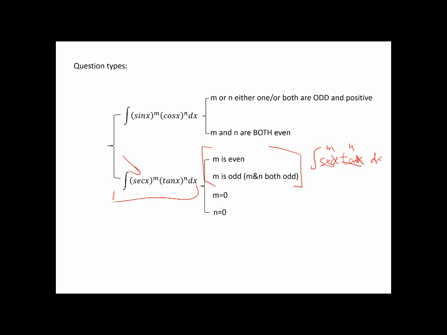So in the problem, you're going to see both secant and tangent. Later, we're going to see the only secant case or only tangent case. The key formula here is secant x squared equals tangent x squared plus 1. We always want to use this formula. Let's see problems.